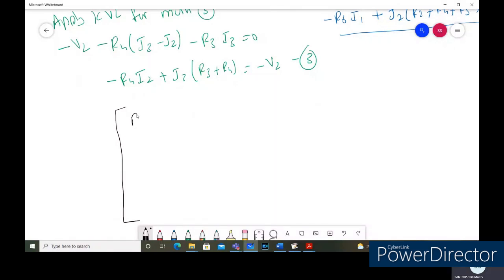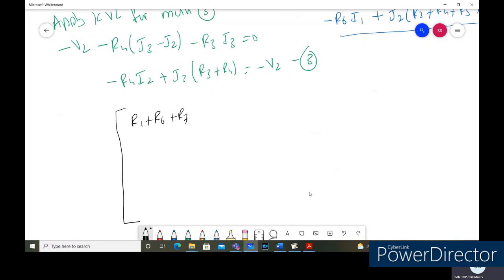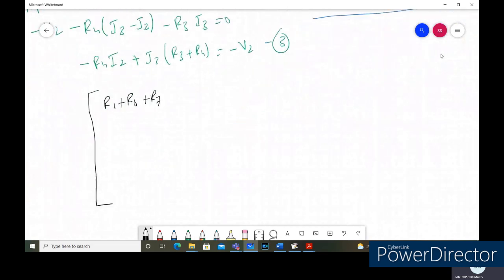The I2 terms are minus R6. And since we don't have any I3 term in equation 1, it is 0.